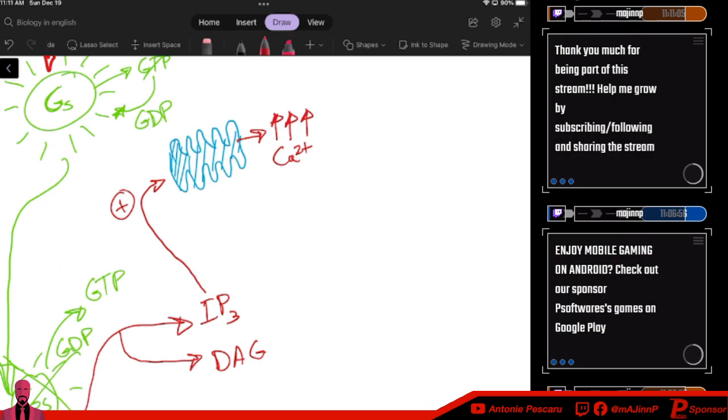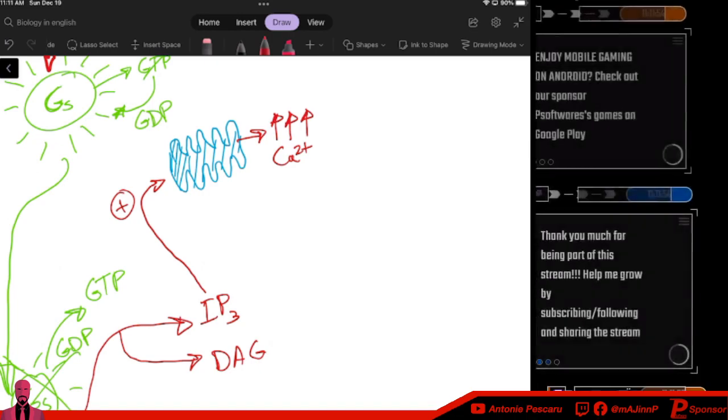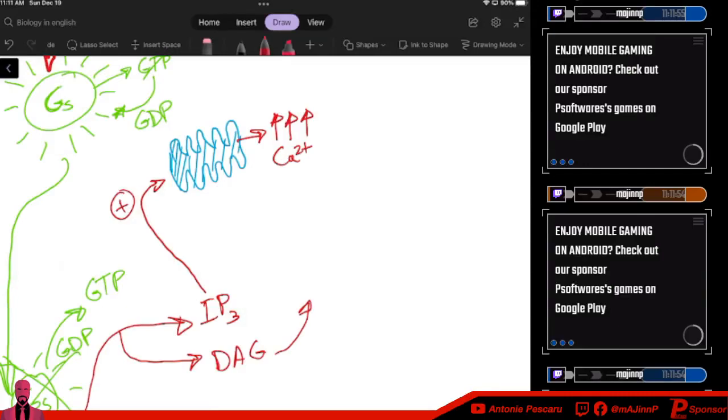And once the calcium gets released, it's going to go do one thing. It's going to bind onto a protein called calmodulin, creating the calcium/calmodulin complex.